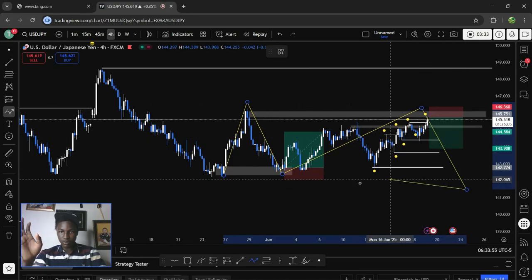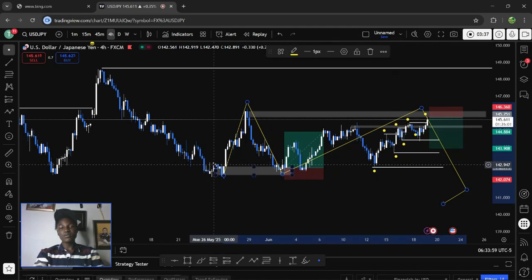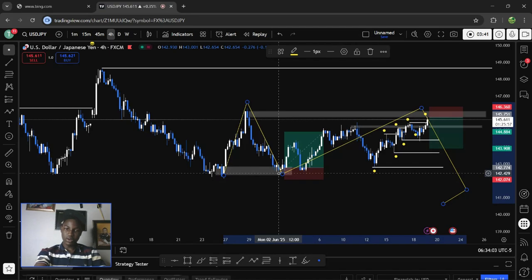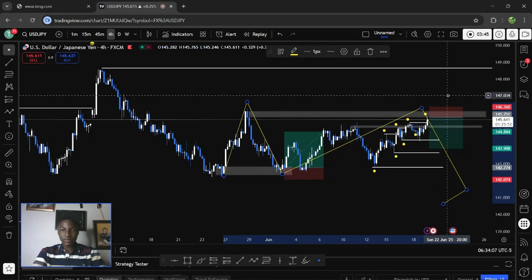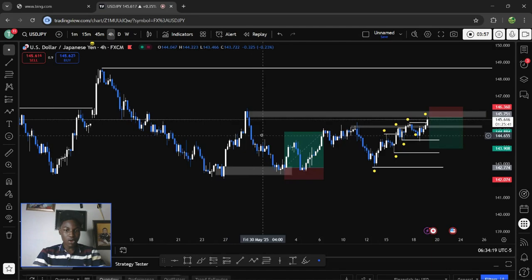The expectation is that price is going to form a lower high, but the lower low failed to form. So we don't really know what to expect, because in market structure we can only have a lower high once we see the lower low. So this should not even be considered a lower high anymore, because the lower low never formed. I don't know if you get what I mean.